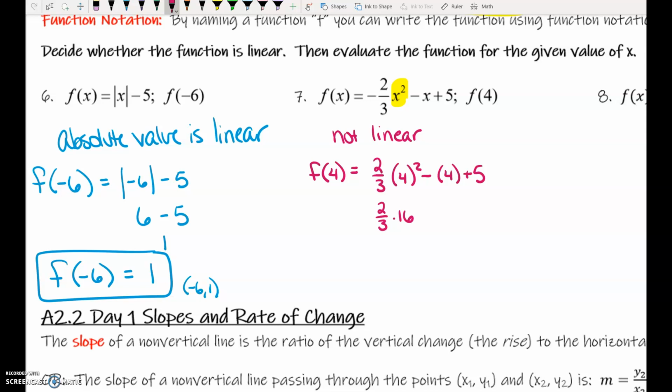Minus 4 plus 5. I got 11.6 repeated, so I'm going to round it to 11.67.